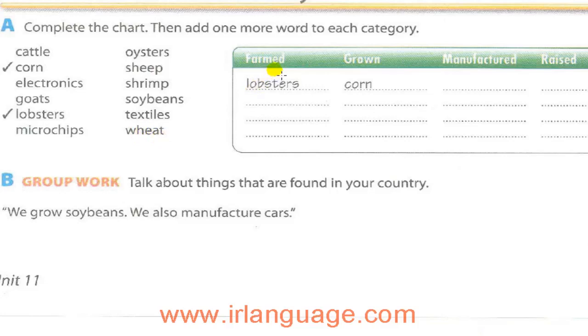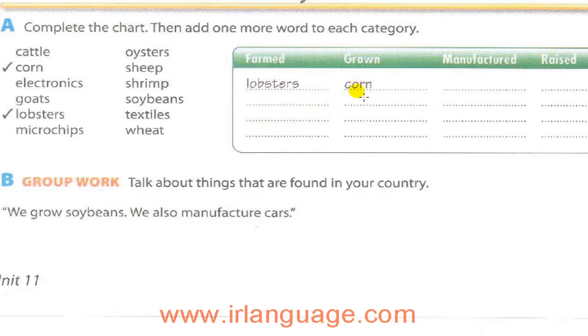Now let's answer the question. Farm. What do we farm? We can have lobster farms, oyster farms, shrimp farms, fish farms. So farmed: lobsters, oysters, shrimp, fish. Grown.